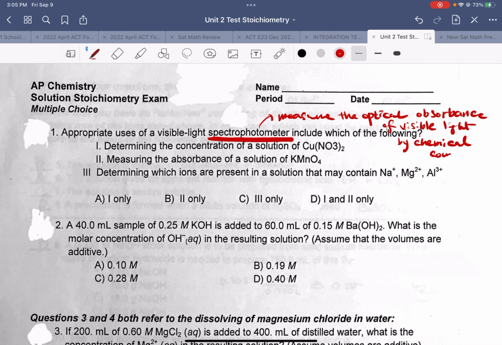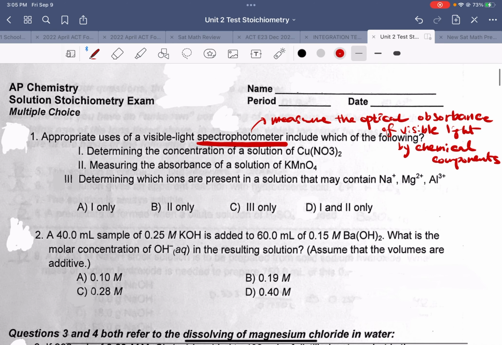Okay, so you can find the concentration, right? How much it absorbs the light. So it shows you those kinds of data. If you read the first one, determining the concentration of the solution, yes, that's the main purpose of a spectrophotometer.